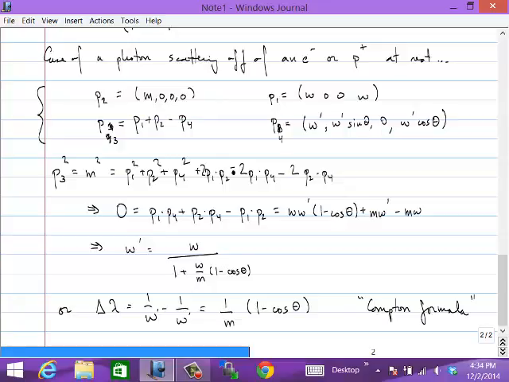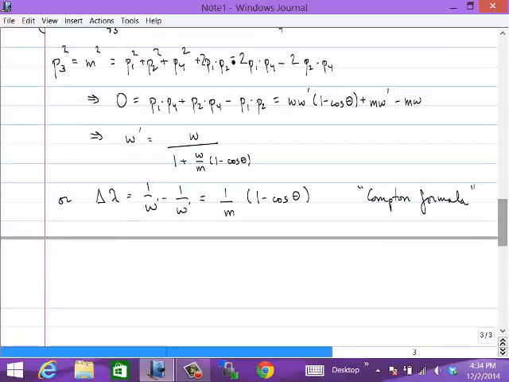Just the conservation of energy and momentum in special relativity tells us that if you have an electron at rest and you scatter a photon off of it, say with some initial wavelength lambda, then the wavelength of the final photon differs from the original photon in a way that is completely determined only by the mass of the electron and the scattering angle. That's just special relativity, yes.